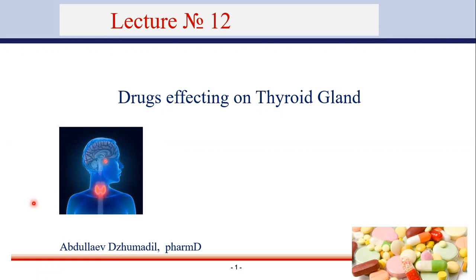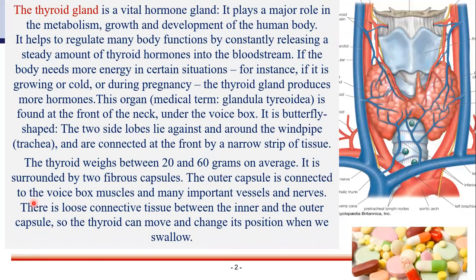Lecture number 12 is drugs affecting the thyroid gland. The thyroid gland is a vital hormone gland. It plays a major role in metabolism, growth, and development of the human body.